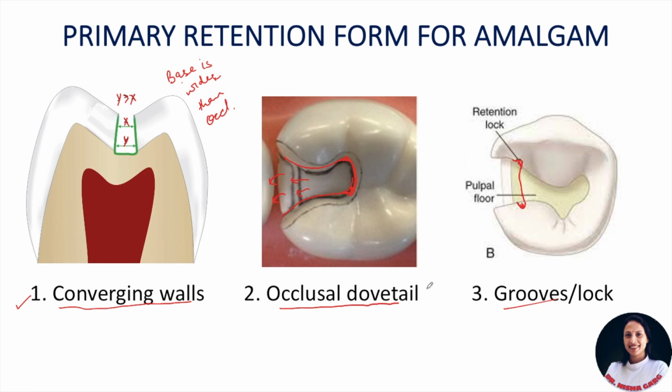So we saw that the primary retention form in amalgam can be achieved by converging the preparation walls occlusally, providing the occlusal dovetail, and placing the retentive grooves and locks in the proximal box. In case of large and complex amalgam restorations, we need to place secondary retentive features in the form of pins, boxes, slots, etc., which we'll be discussing in other videos.